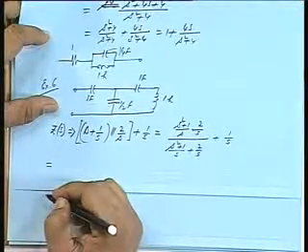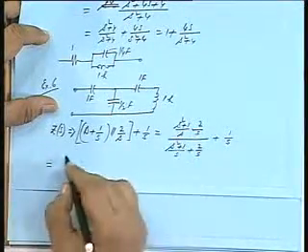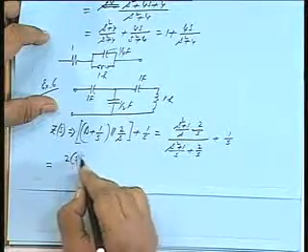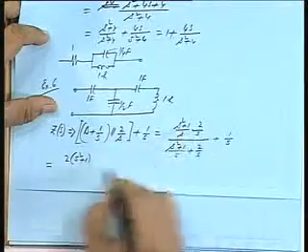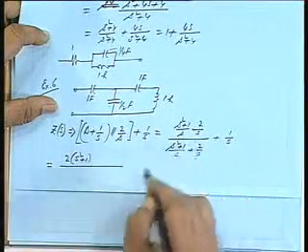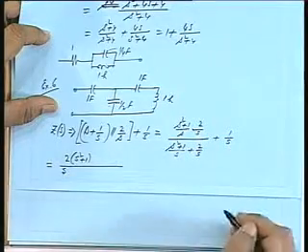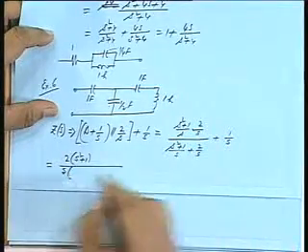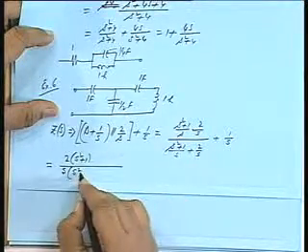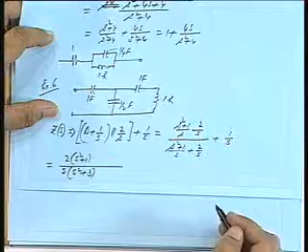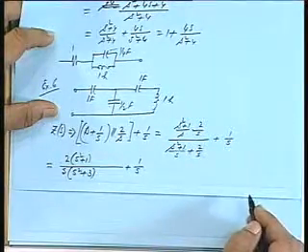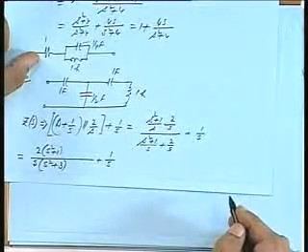Is that okay? So multiply throughout by s, I will get in the numerator 2 into (s squared plus 1), divided by, 1 by s will go, so s into (s squared plus 1 plus 2), so s squared plus 3, plus 1 by s. Okay.